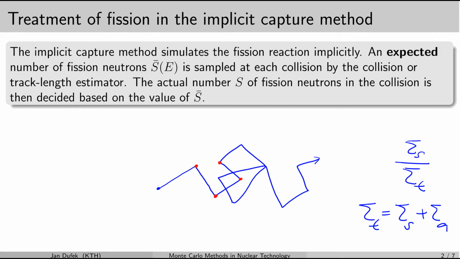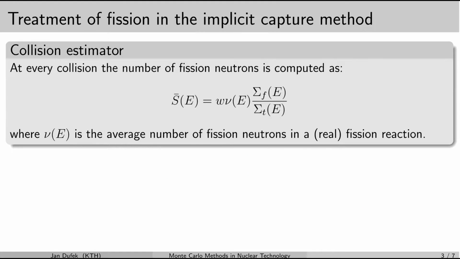So I'm going to have one slide at the end of the presentation about how we actually decide whether we sample the fission neutron at the collision point or not, and in case we do, how many fission neutrons we generate there. In order to estimate the expected number of fission neutrons at every collision site, we can use two types of estimators.